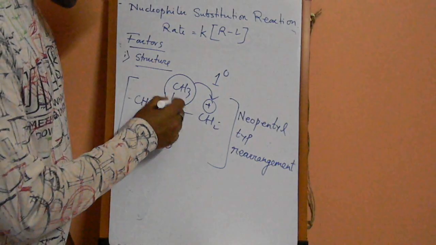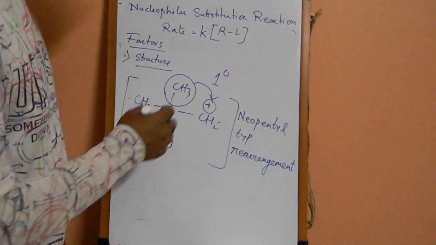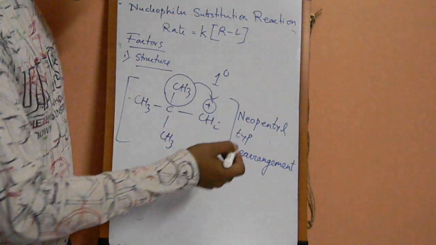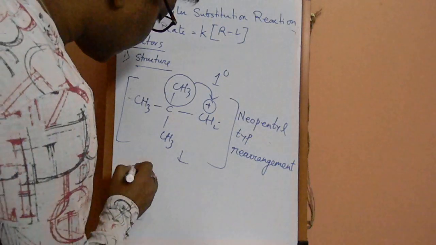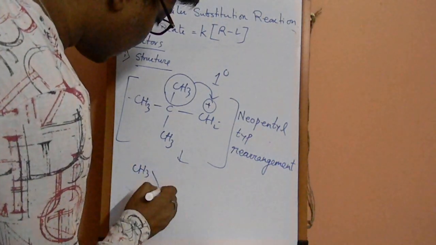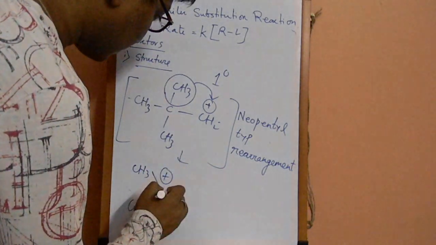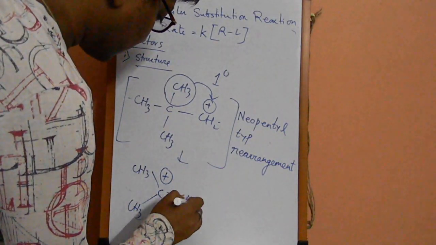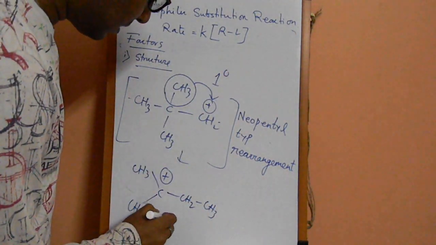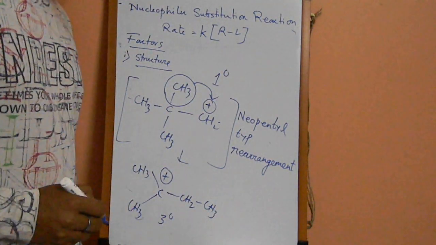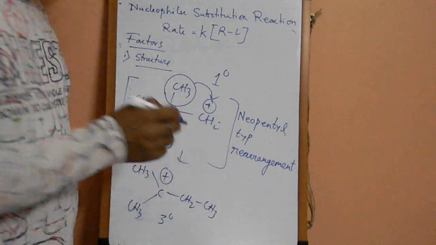Because first of all, this carbon is a neopentyl structure, and this rearrangement is so important because it will lead to the formation of a more stable carbocation. From 1 degree, it is now becoming a tertiary carbocation. Through this rearrangement, a more stable carbocation is formed.